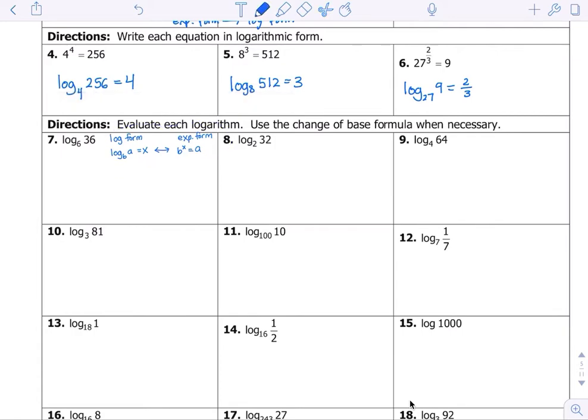I am just going to set this equal to x, and then I'm going to change all the log forms to exponential form. So 6 to the power of x is equal to 36.